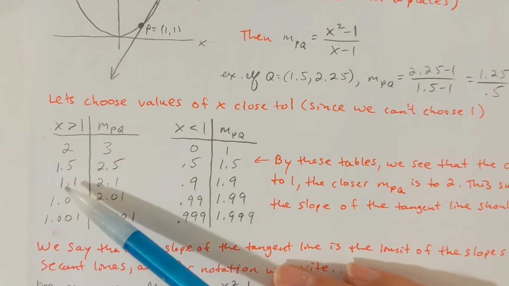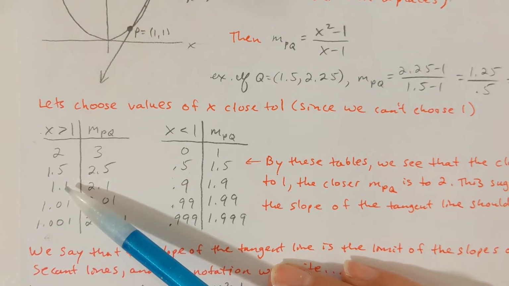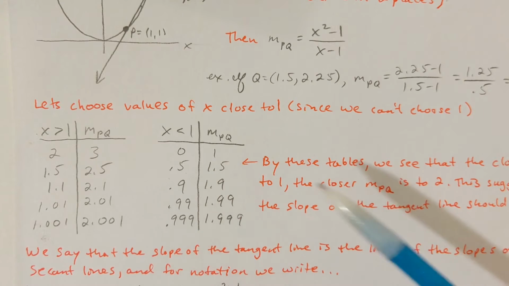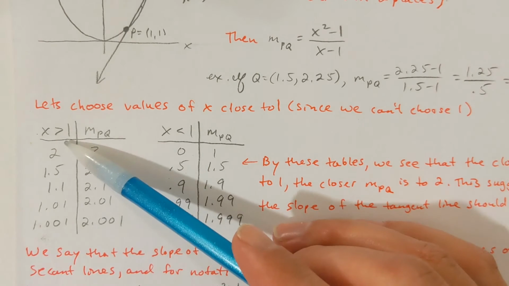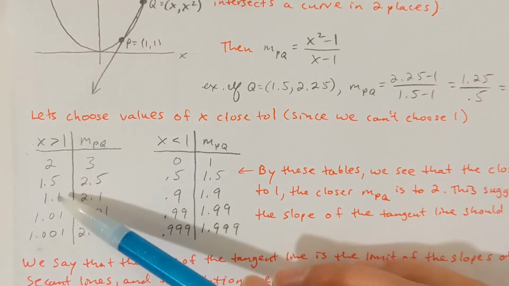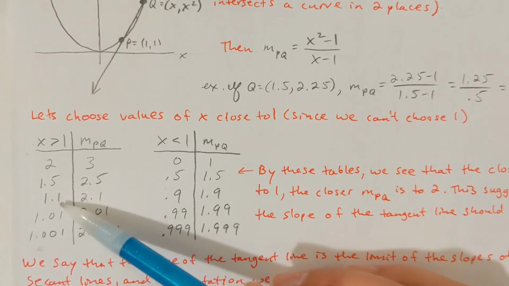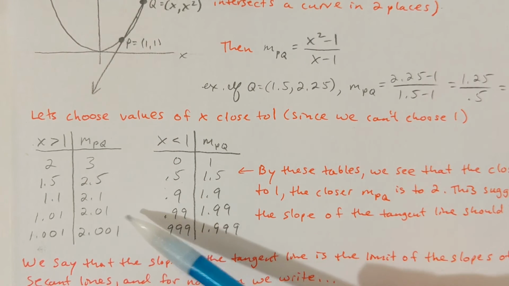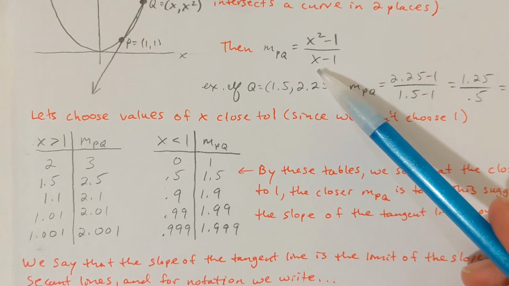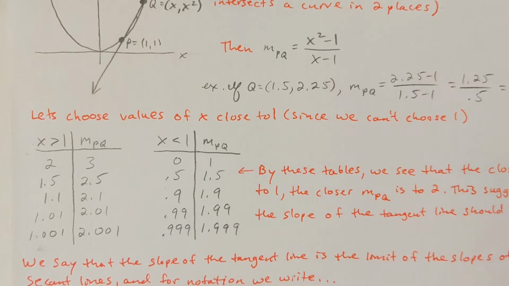If x is 1.1, and you plug that into this formula, you should be getting 2.1. Now I'm getting closer and closer to 1, but on the right side of 1. So 1.01 would be closer to 1 than 1.1. If x is 1.01 and you plug that in here, you should be getting 2.01.